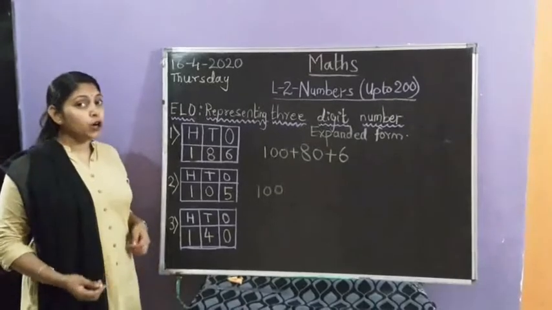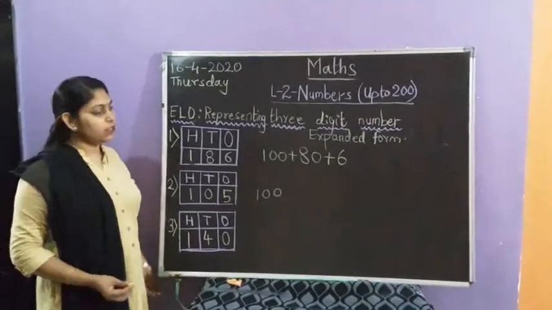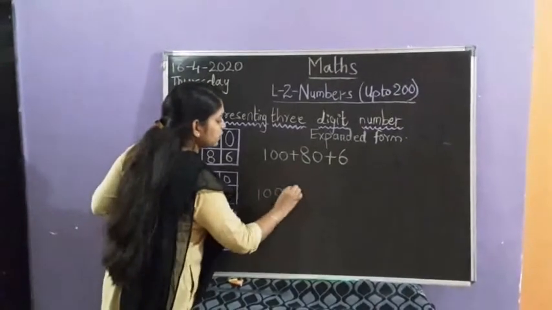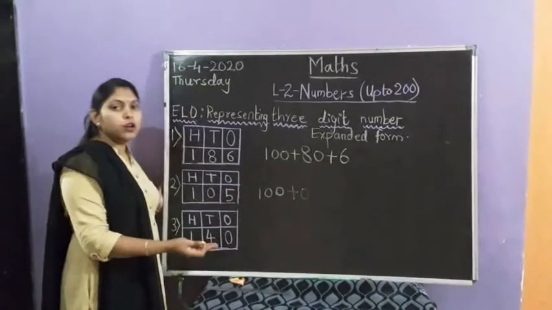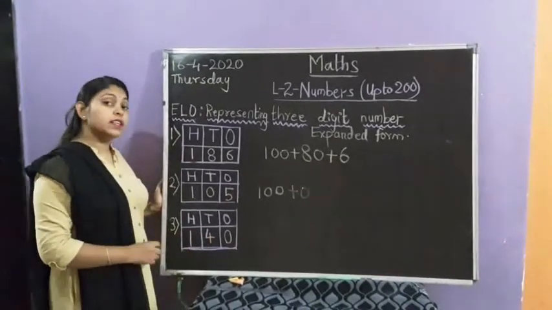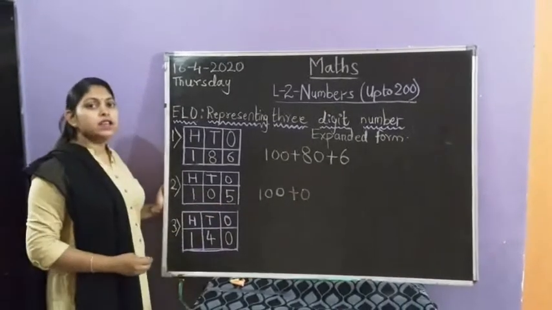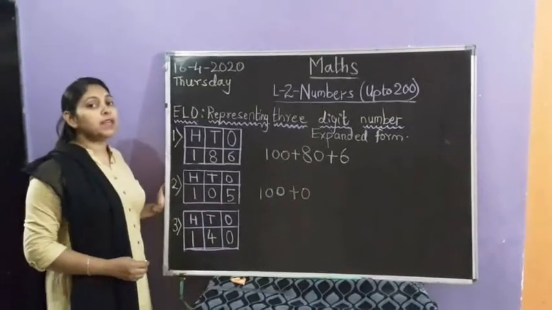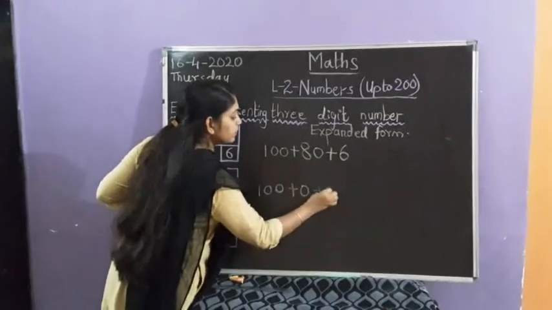Now, the value of 0 in tens column will remain 0 itself. So, 100 plus 0, you may write 0, you may not write 0. It is perfectly fine. And in the third column, we have the number 5. So, place value of the number 5 is 5.